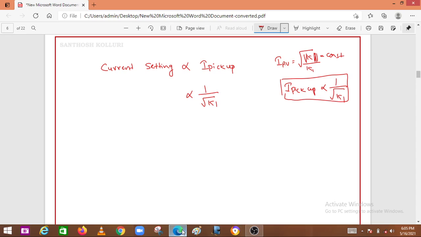Right. Now, the operating torque of the overcurrent relay is equal to K1 into I square. That is from the equation, so I can call this equation number 1.